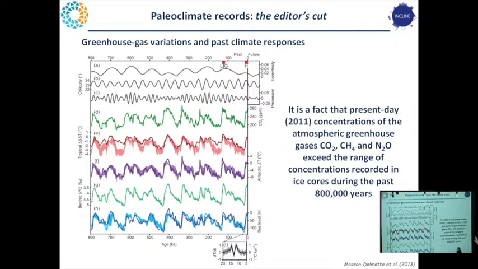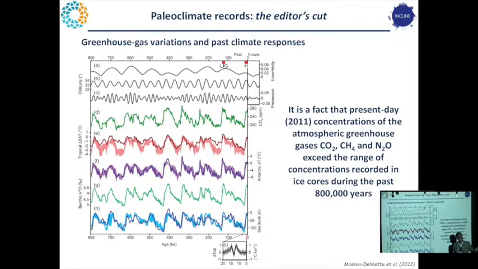In green, here, we have carbon dioxide concentration in the atmosphere, reconstructed for the last 800,000 years. This is a huge effort from the paleoclimate community to come up with this record. It's very high resolution, extremely well dated, and it goes back 800,000 years. Folks, this is a lot.